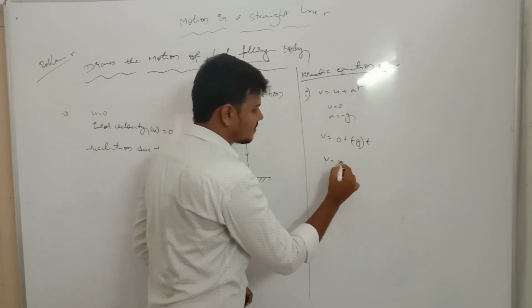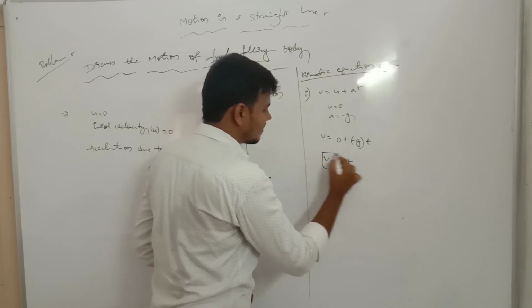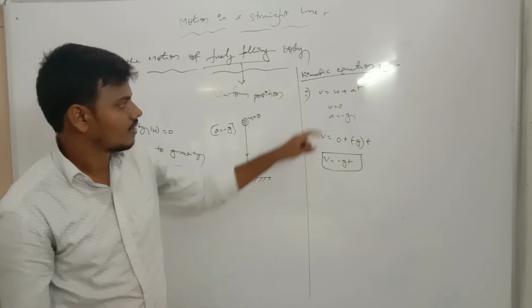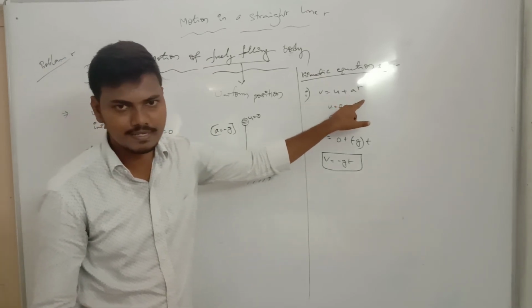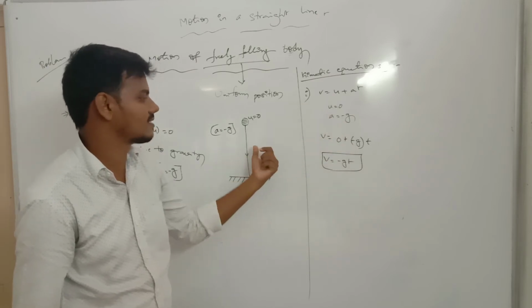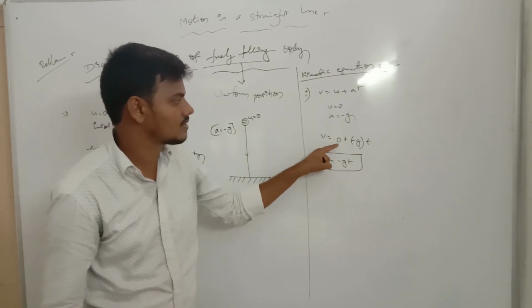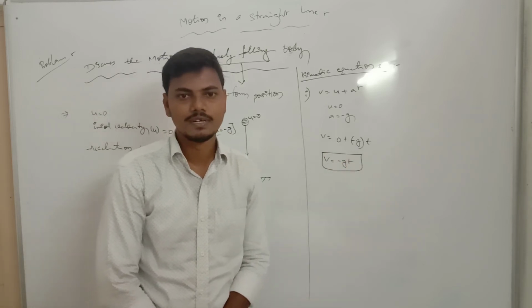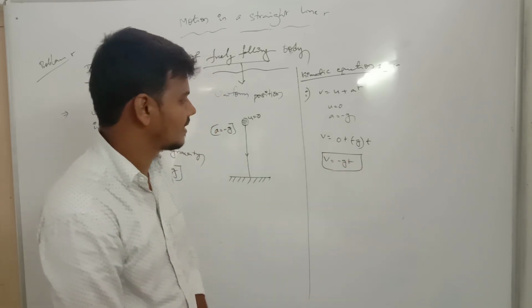Then v is equal to minus gt. So v is equal to 0 plus minus g into t, then v is equal to minus gt. This is the first kinematic equation.